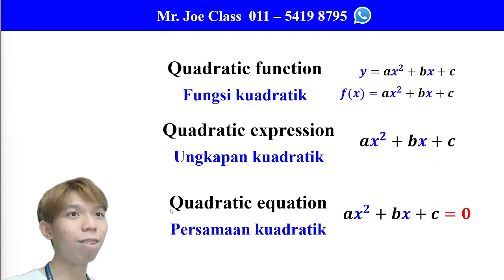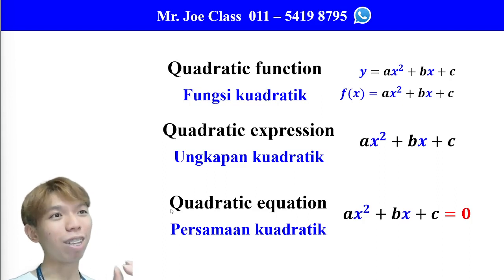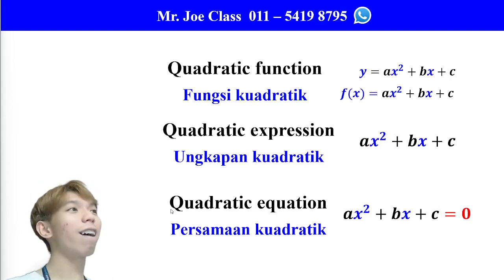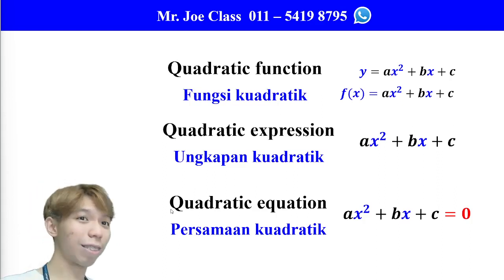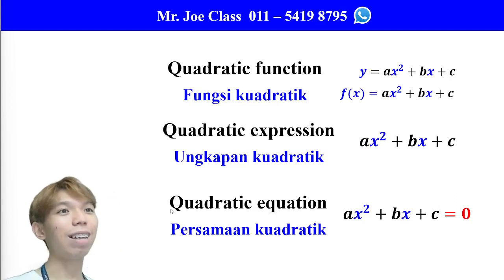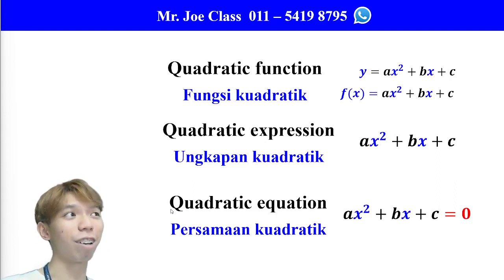So in conclusion, a quadratic expression is the basic form of all these numbers, a quadratic function has the f(x) in front of it, and a quadratic equation has equals to 0 at the very end of it. These are the differences between quadratic function, quadratic expression, and quadratic equation.